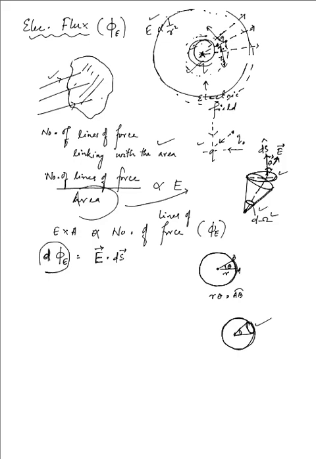And the surface area is associated with the solid angle. If this is the radius r, then the total area is 4 pi r squared, just like the total circumference in this case would have been 2 pi r. Why? Because 2 pi is the total angle in this case. So the angle multiplied with the radius gives me the total circumference.